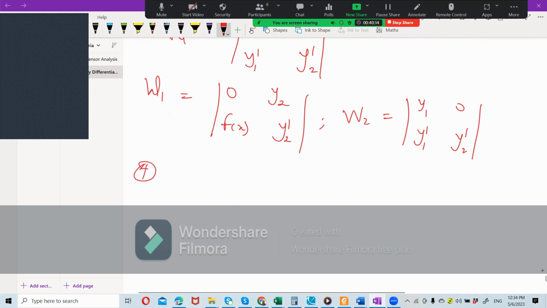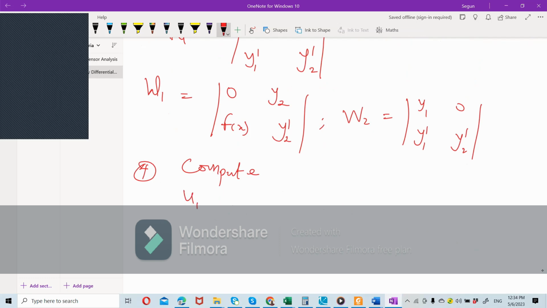Number 4 says compute U1 to be the integral of W1 over W dx, then U2 to be the integral of W2 over W dx.